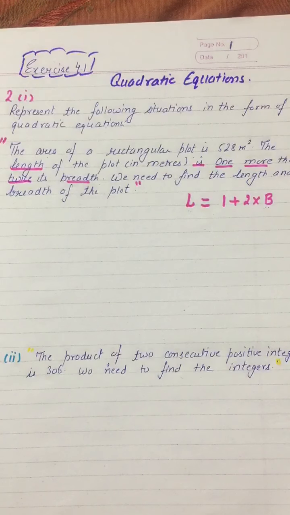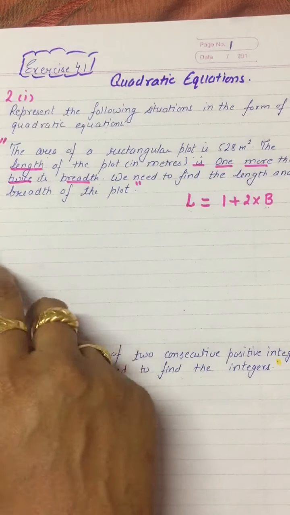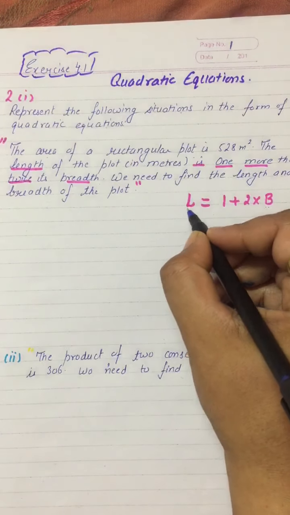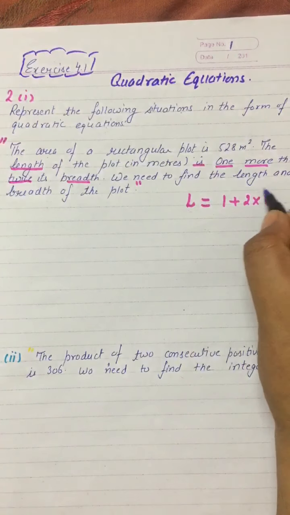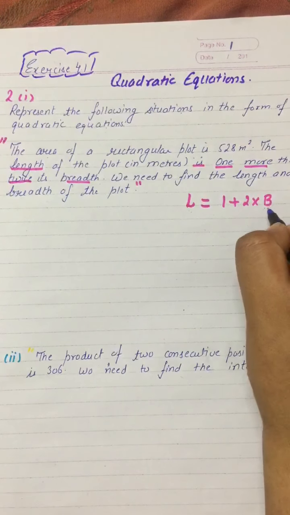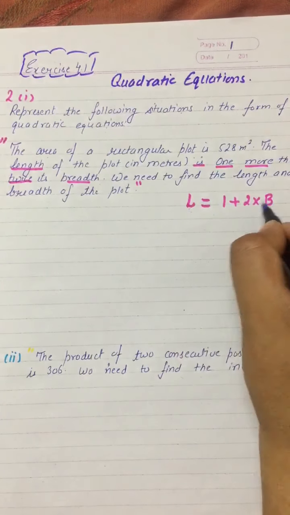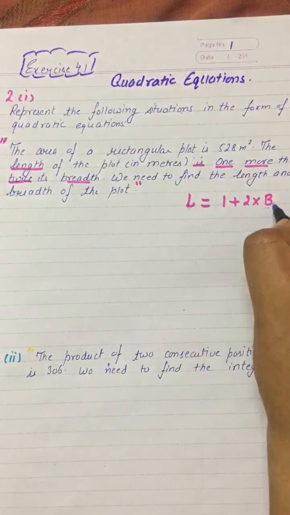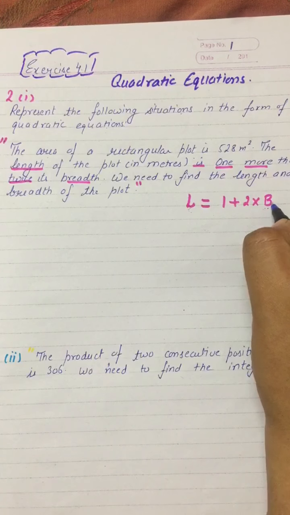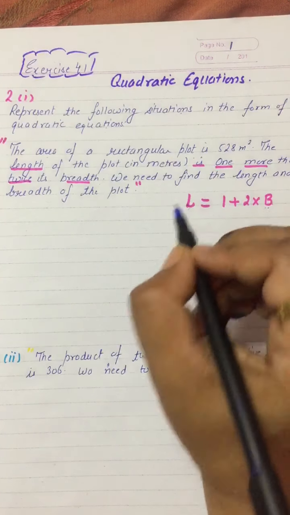So I will check the conditions in every question, and we are having the two variables L and b. So this is called the independent variable, this is called the dependent variable. Why dependent? Because the value of length will depend upon the value of breadth. So breadth we will assume and length will automatically come.